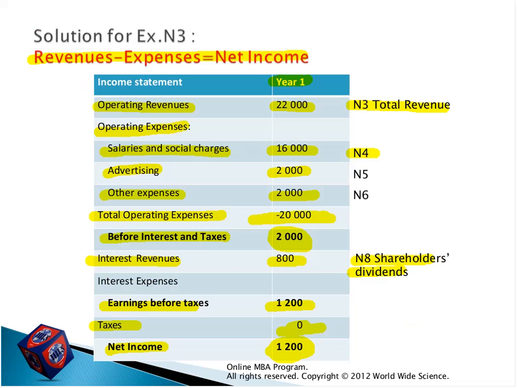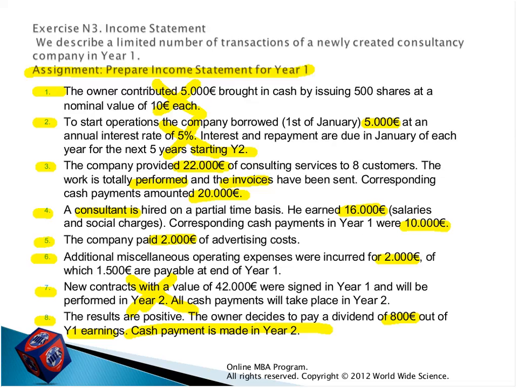Next one, some of you have forgotten to record the dividends. You see, our owner decided to pay dividends of 800 from year one, which are generated from the first year of revenue. That means this expense belongs to the first year. It is an accrual, which is an expense incurred but not paid yet, and he is going to pay in the next year.